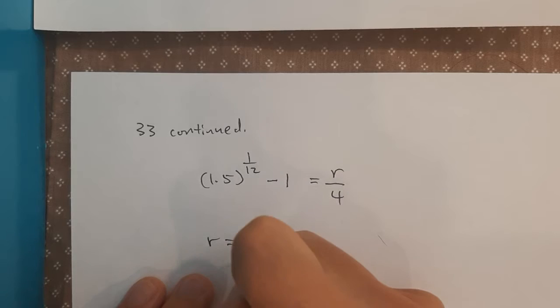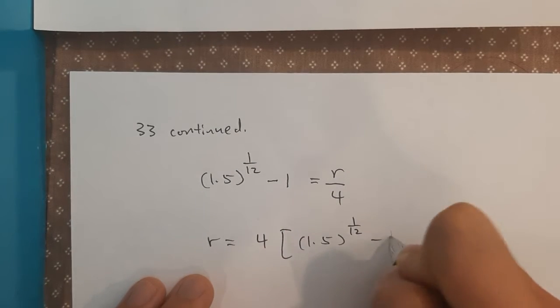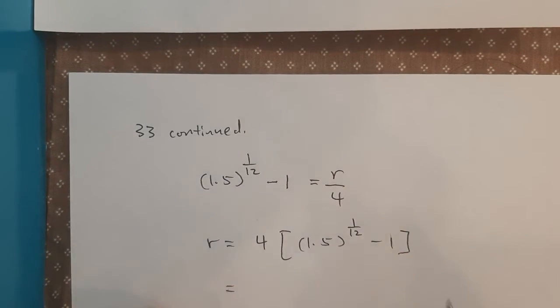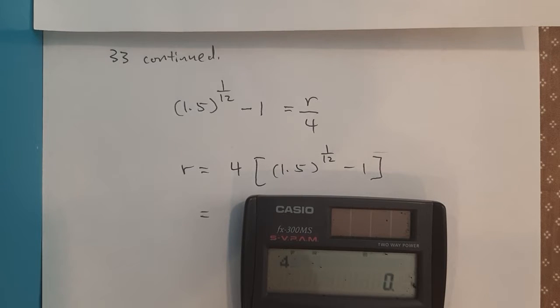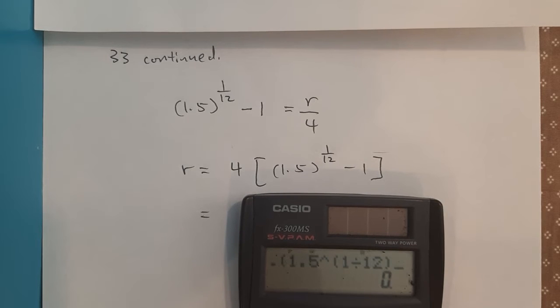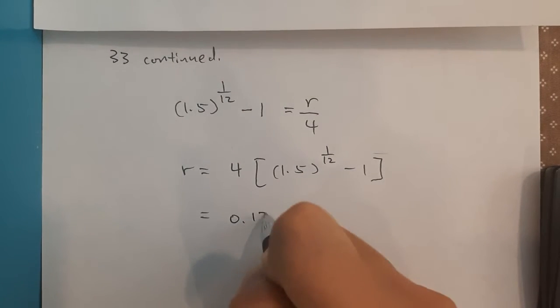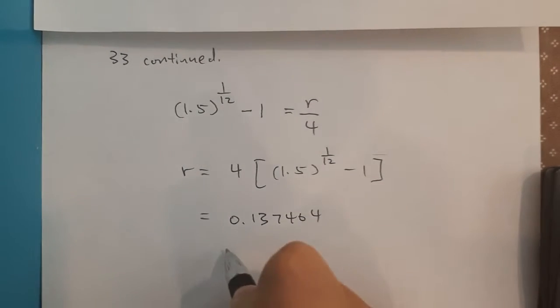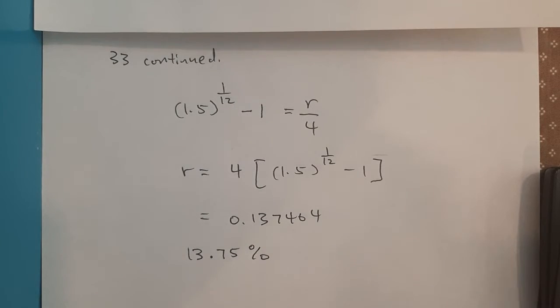So r is going to be 4 times (1.5 to the 1 over 12 minus 1). That will give us 0.1374. So we got an interest rate of 13.75%.